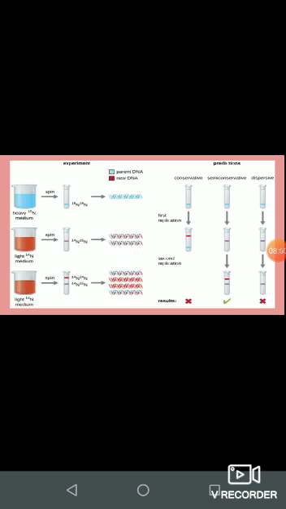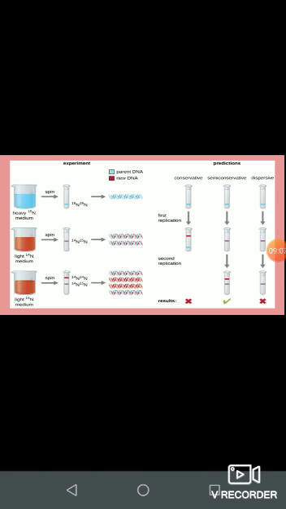What they observed was the middle one. After one generation, the DNA formed an intermediate band, and they could not find band formation at either the N14 or N15 region. This is only possible because of the semi-conservative model of replication.